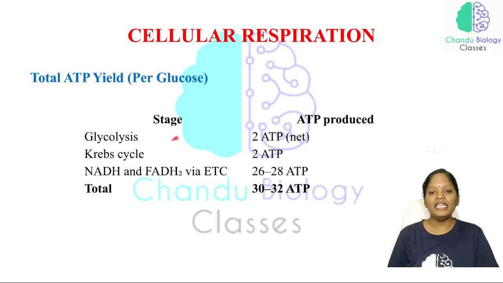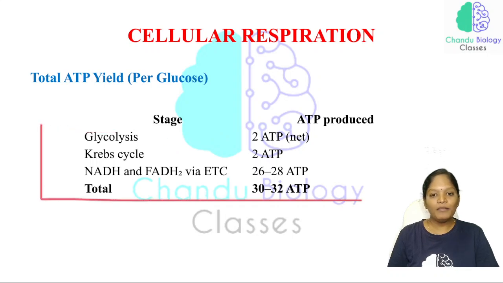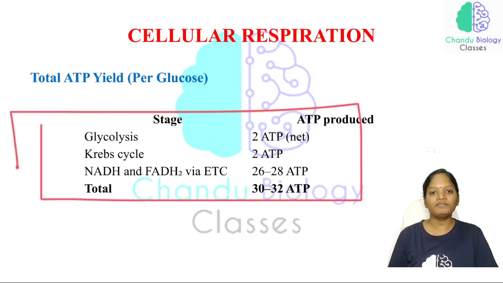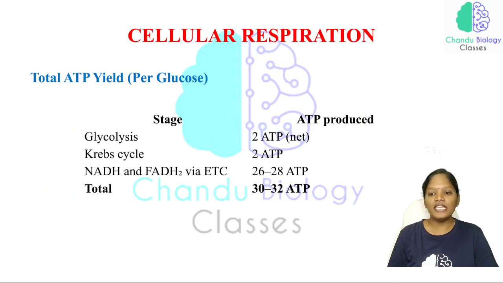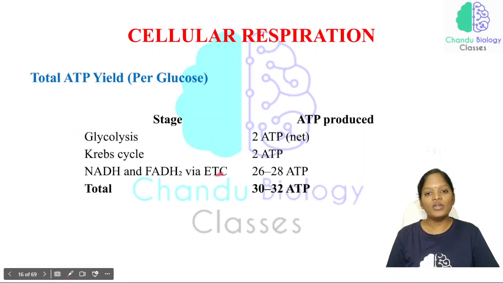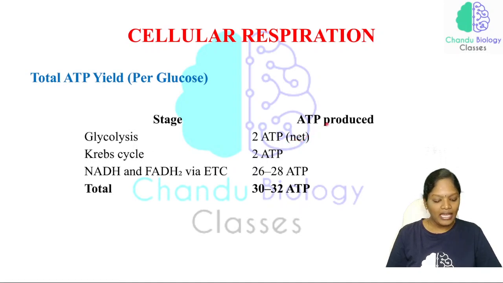Now, this is very important in cellular respiration. In glycolysis, 2 ATP is the net gain. In the Krebs cycle, 2 GTP are produced.